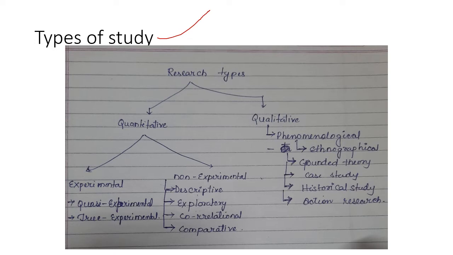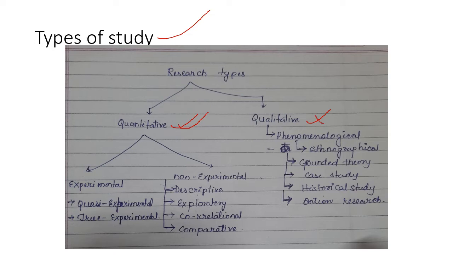The first and most important is the type of study. When you start writing the research problem statement, you should know what type of study you want to use, whether quantitative or qualitative. Quantitative study means the solutions we find will be shown in the form of data or numbers.